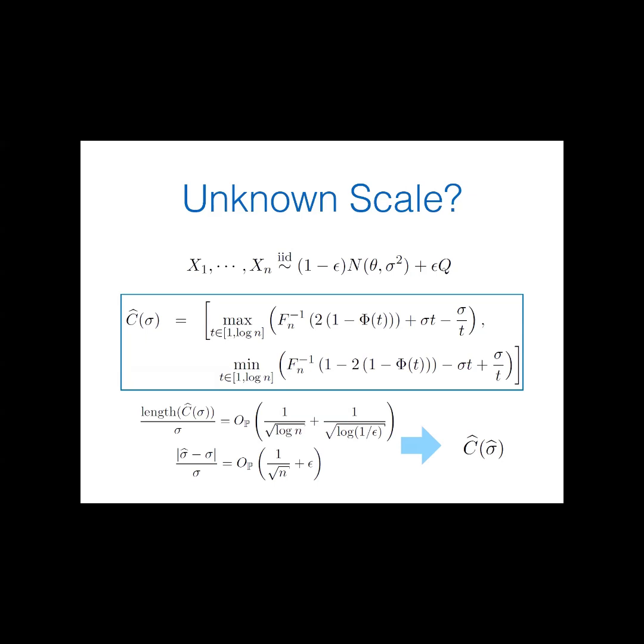Why don't you just go back and prove it? The next day he came to me, he said, it doesn't work. I was like, what do you mean it doesn't work, right? So let me just say the intuition again. You see, the estimation error of sigma is polynomial, but the optimal rate that we are going to achieve is just logarithmic. So the error is basically negligible. The plugging should work.